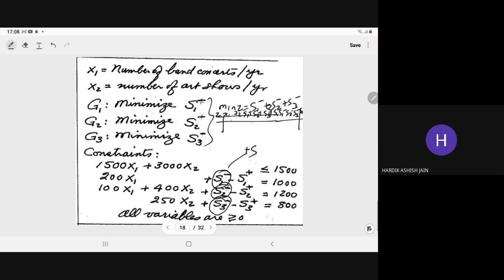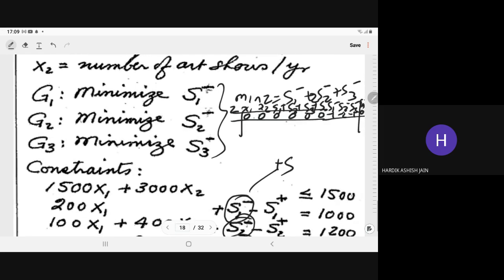Here the entries will be 0 0 0 0 minus 1 minus 2 minus 1, and on the right hand side we have 0.